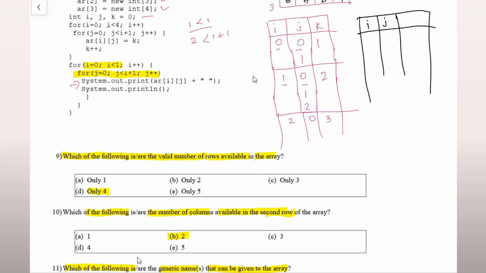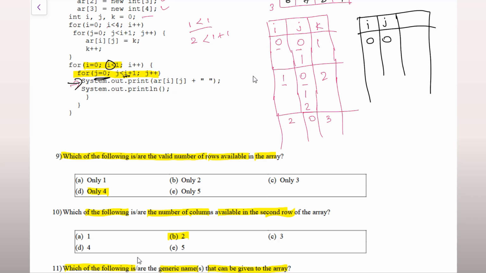So i is 0, j's value is 0 here. So 0 less than i's value, which is 0 plus 1, so 1. So that is true.